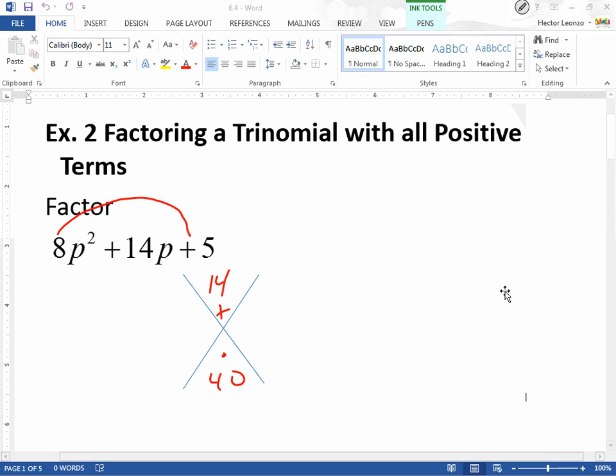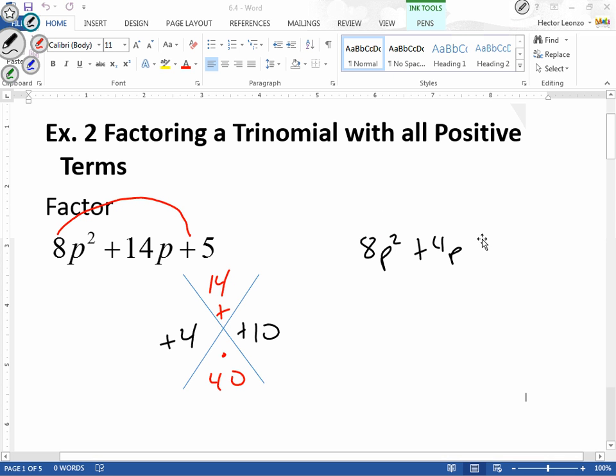So the numbers I'm looking for are 4 and 10. Because the leading coefficient is not 1, these numbers, positive 4 and positive 10, are how I'm going to split the middle term. So we have 8p squared plus 4p plus 10p plus 5.